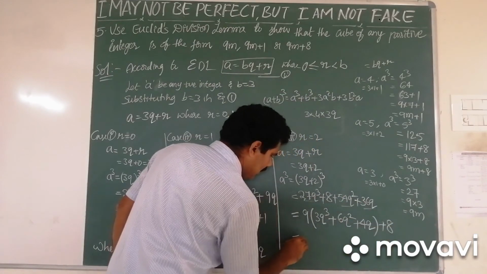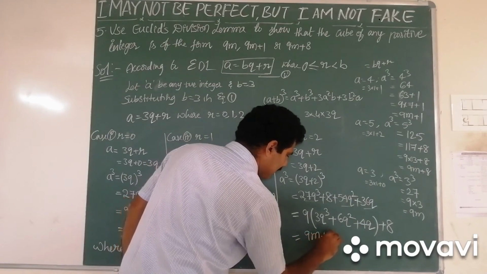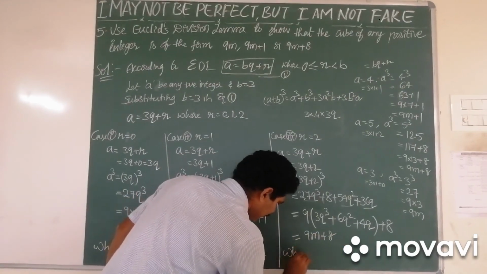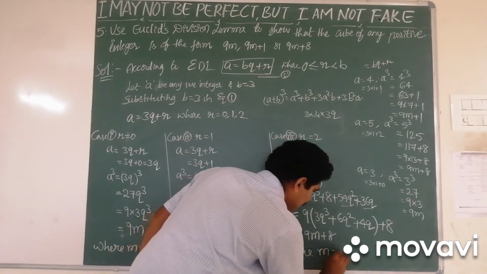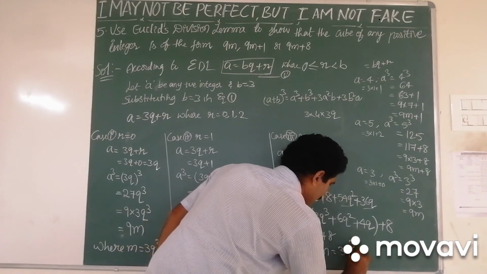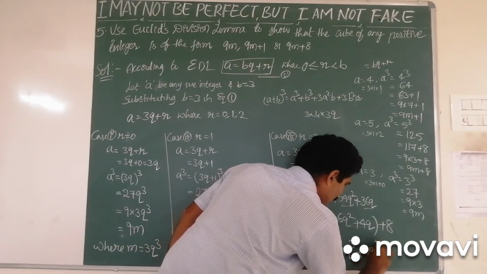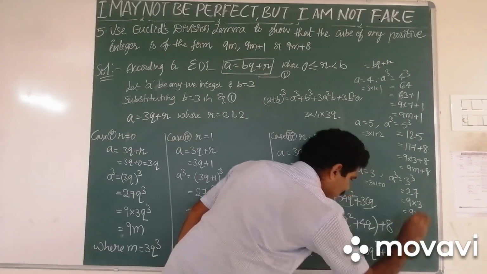So this can be written as 9m plus 8, where m is equal to 3q cube plus 6q square plus 4q.